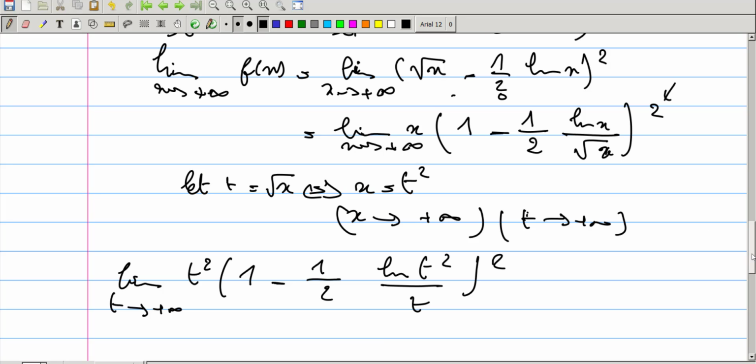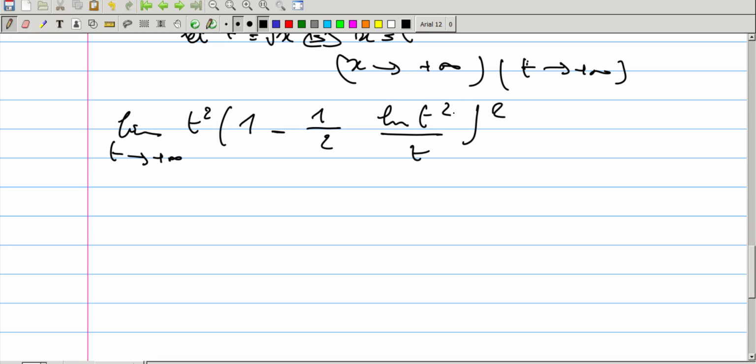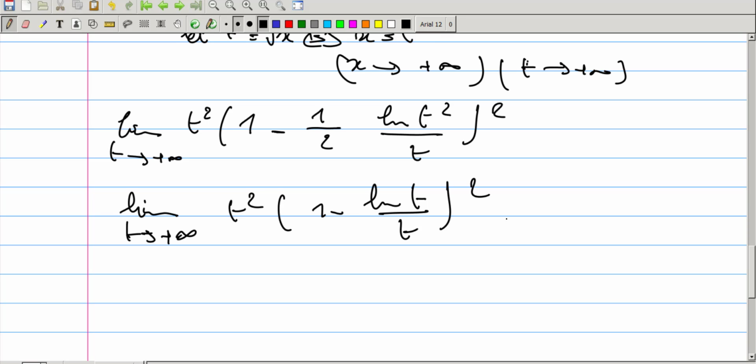Then we get rid of the 2 that we see here, bringing it to the denominator. So the limit of t when it goes to plus infinity of t squared times 1 minus, the 2 will come and be simplified with the other 2, and then we have ln of t over t, squared.